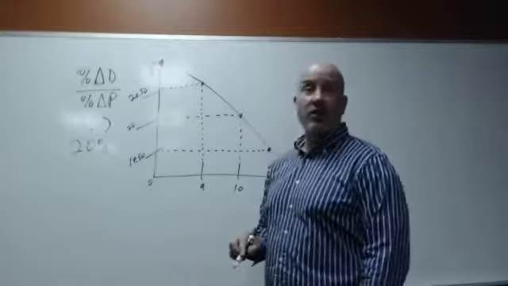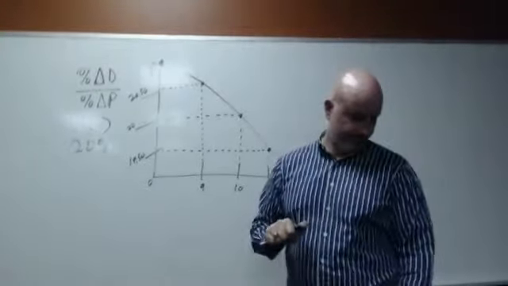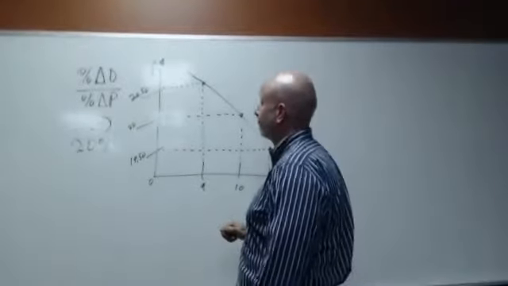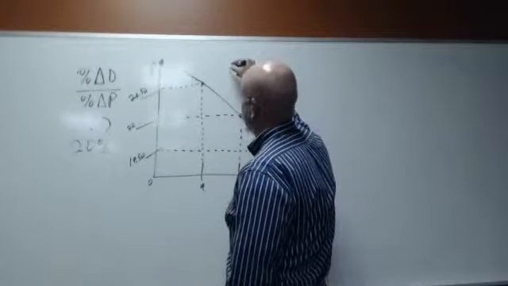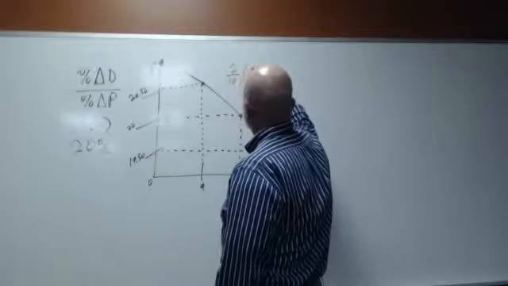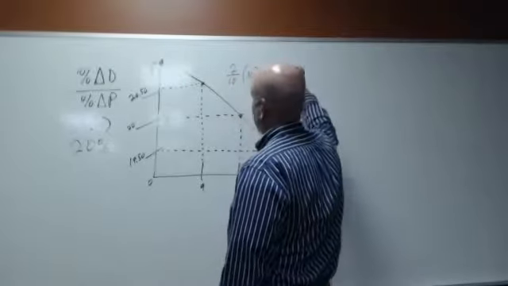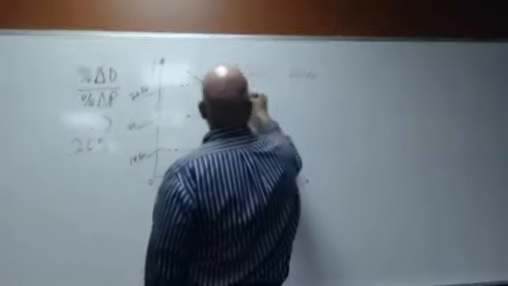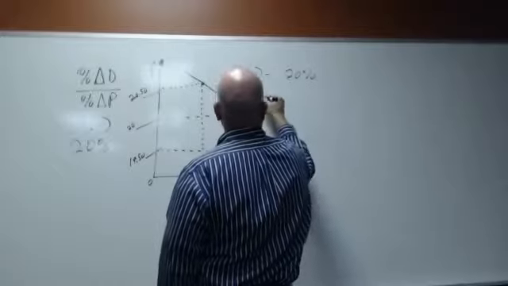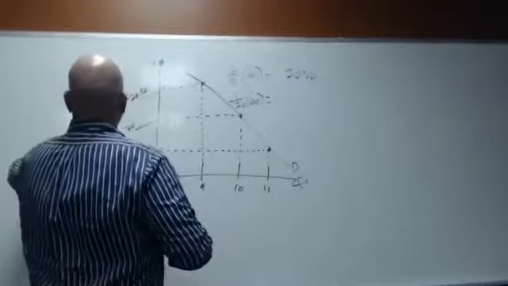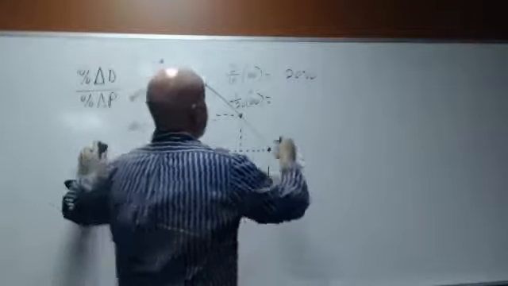Now what's the percent change in price? I'll put it over. So $1 divided by 20 times 100. $1 divided by 20 gives me 5%.